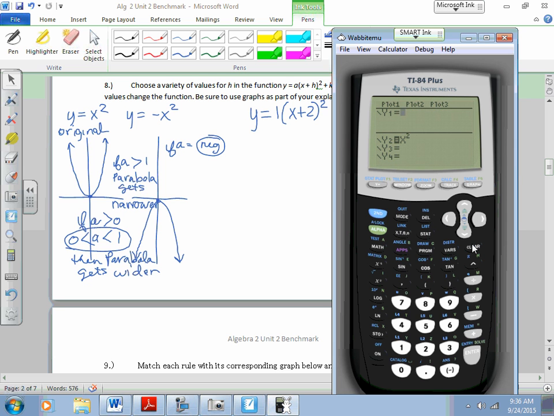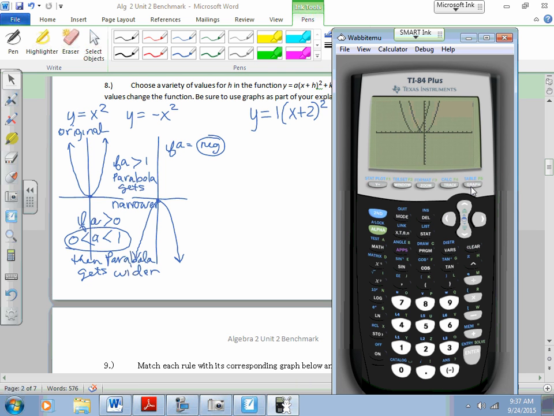If you want to leave on y2 the original parent function, just y equals x squared, leave that on y2. So on the top, we're going to type in 1 parentheses x plus 2, close it, and raise it to the second power. Is everybody okay on the typing with that? Let's go ahead and graph that.